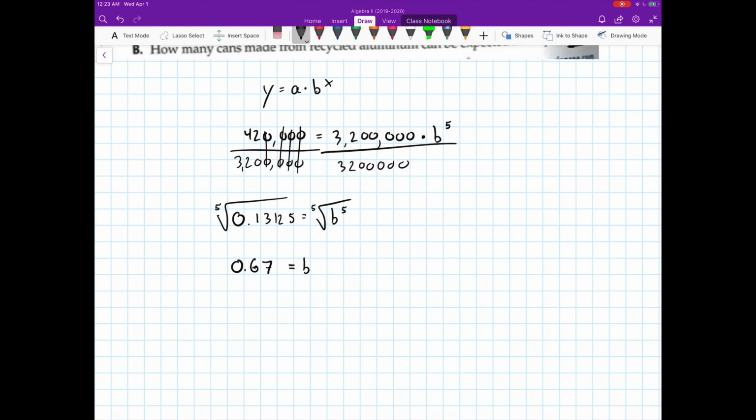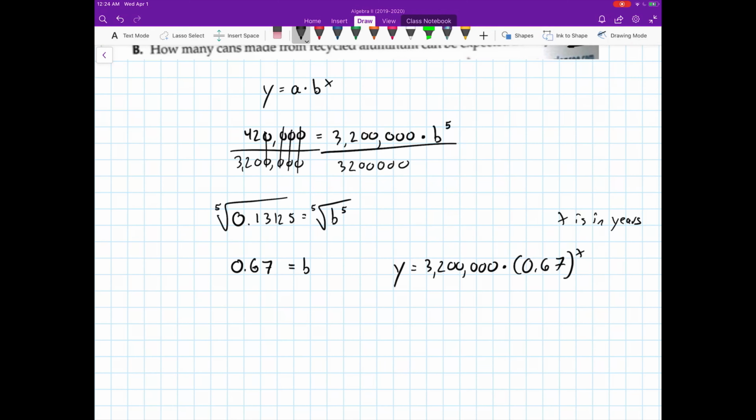So we have our equation. We have y is equal to 3,200,000 times 0.67 to the x, where x is years for us. x is in years.